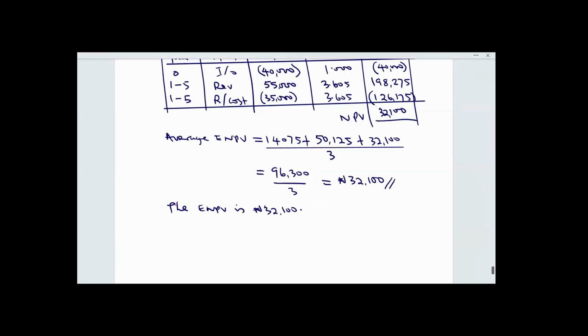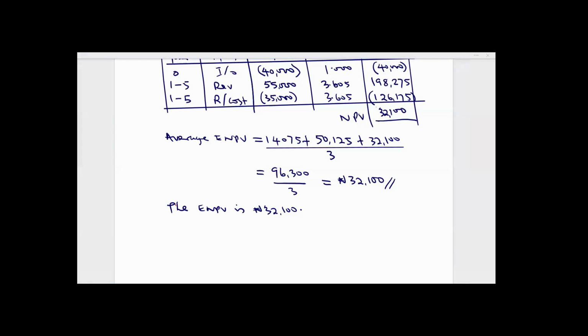That's not the end of the question. Examiner is now asking you to explain briefly why the expected NPV calculated in A and the one calculated in B may not necessarily be the same.